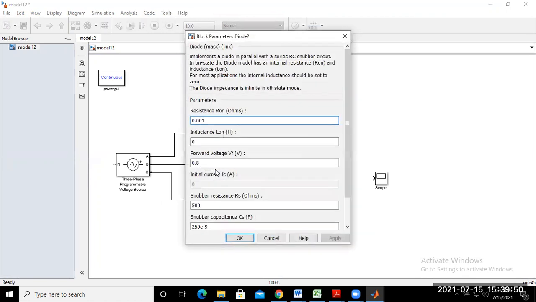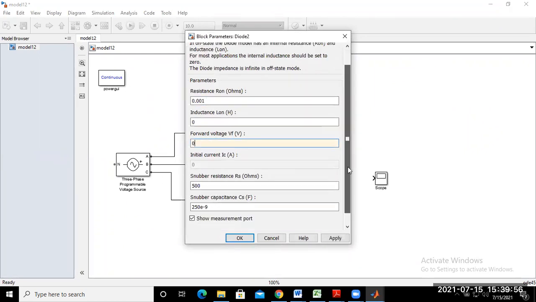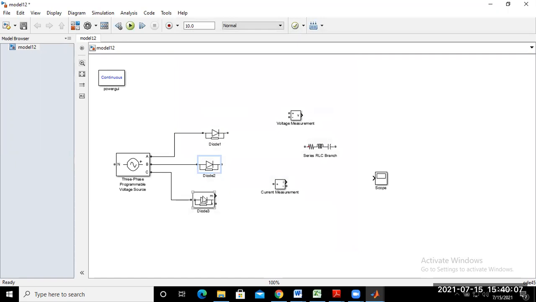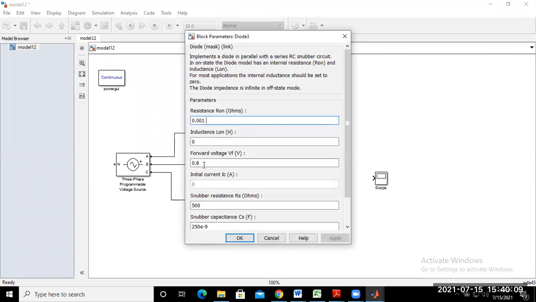And again click on diode number 2. So 0 forward voltage drop. Apply, OK. Again click on diode number 3, click on this one. 0.